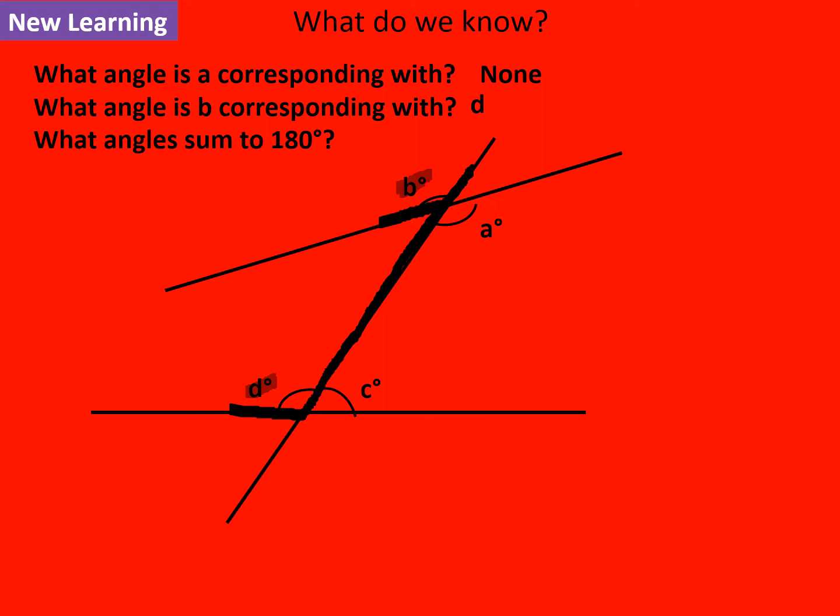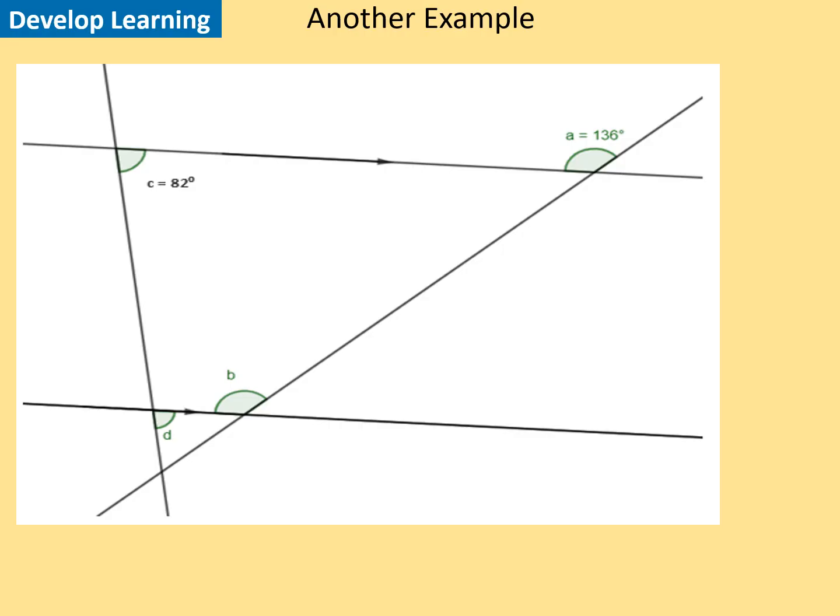So that means A and C will not be able to sum to 180 degrees. However, we can say that C and D sum to 180 degrees, and that is because in previous lessons we know that angles on a straight line always sum to 180 degrees.